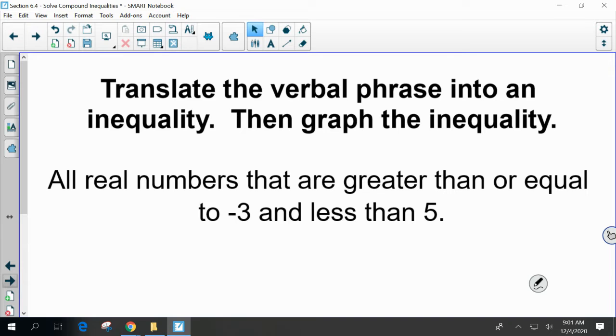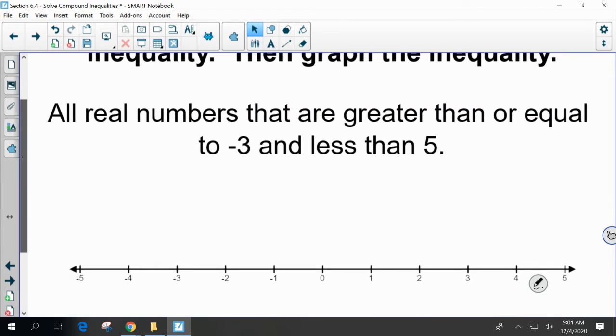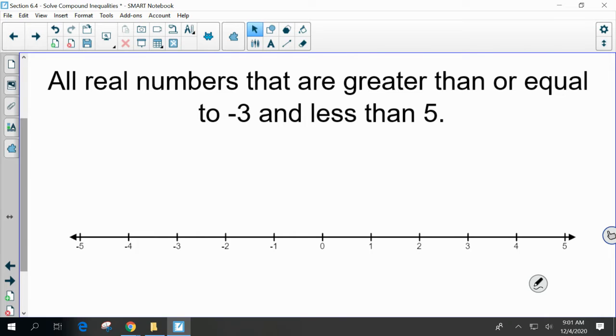Okay, so we're going to keep practicing that. The next one: all real numbers that are greater than or equal to -3. So this time we're having the "or equal to". So x is greater than or equal to -3 and less than 5.